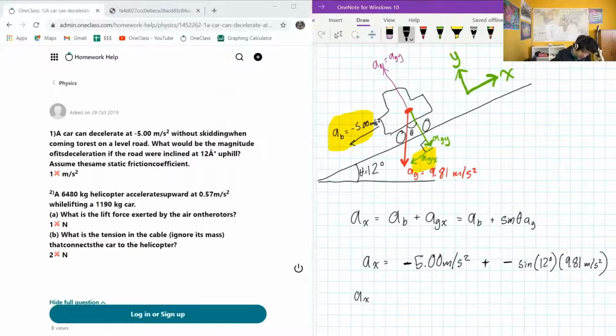Okay, so running this through our calculator, sine 12 degrees times 9.81 plus 5, and we have a total deceleration down the slope of 7.04, rounding that to 3 sig figs, meters per second squared down the slope.